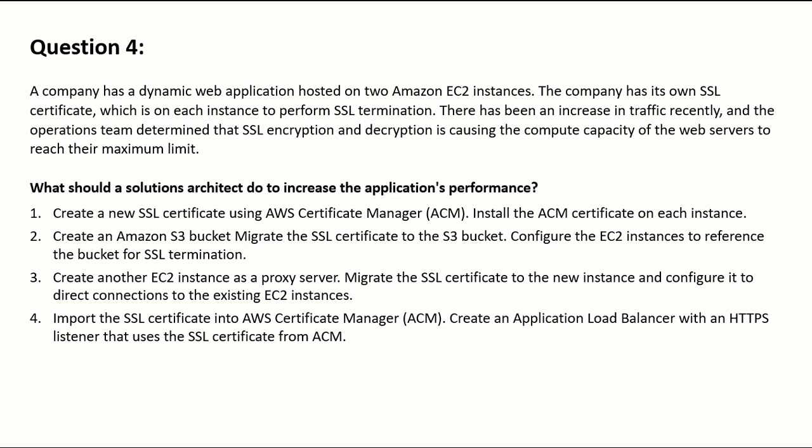Number 3 says create another EC2 instance as a proxy server, migrate the SSL certificate to the new instance and configure it to direct connection to the existing EC2 instances. Number 4 says import the SSL certificate into AWS Certificate Manager, create an Application Load Balancer with an HTTPS listener that uses the SSL certificate from ACM.